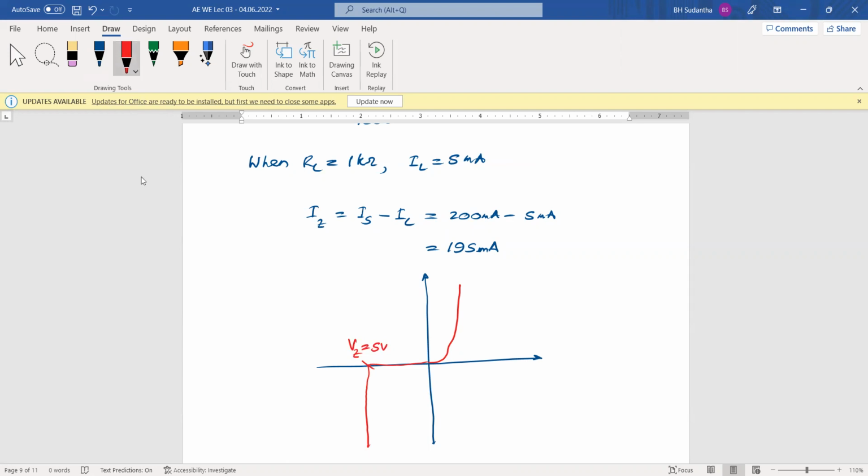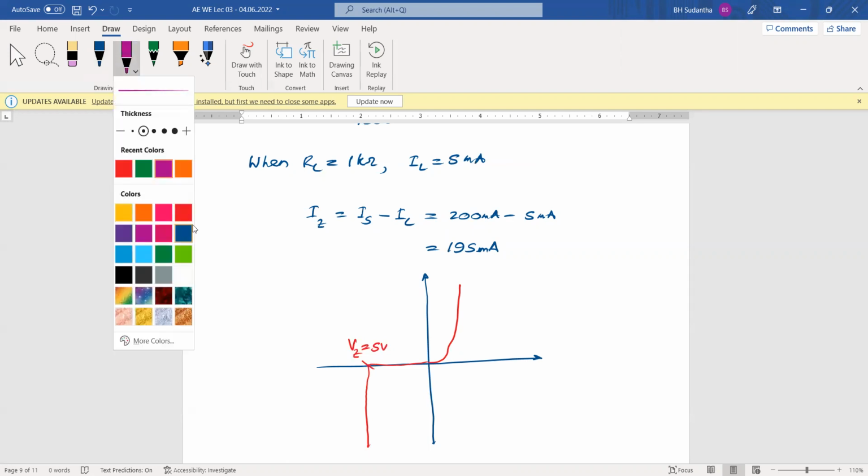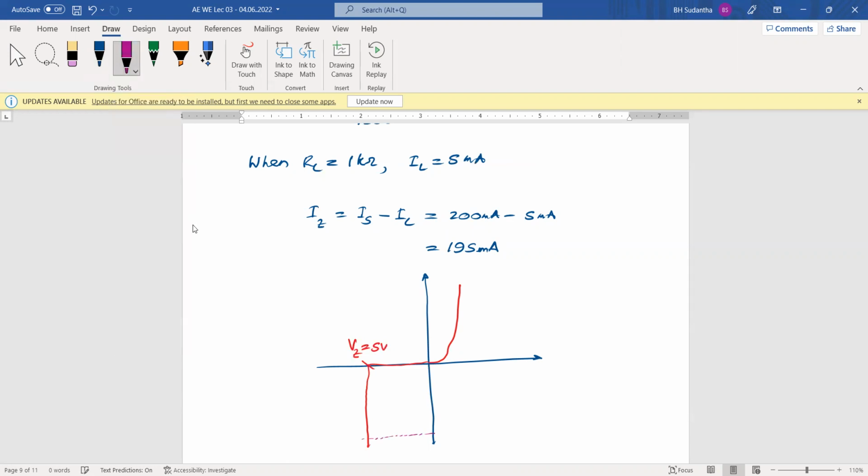And during that time, the maximum current it can handle may be here, 200 milliampere. But it can come up to here also. We have to find that on the exact figure. But sometimes at 10 milliampere current, IZ can still be 10 milliampere, voltage is 5 volts. Then IZ maximum may be 200 milliampere.